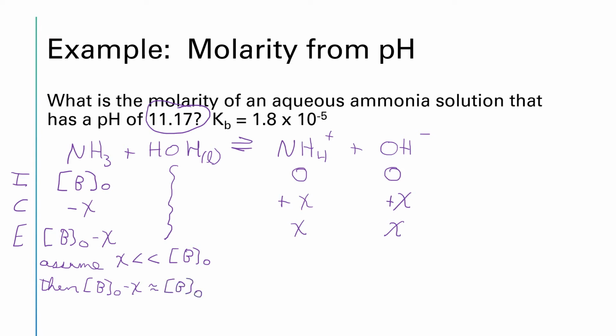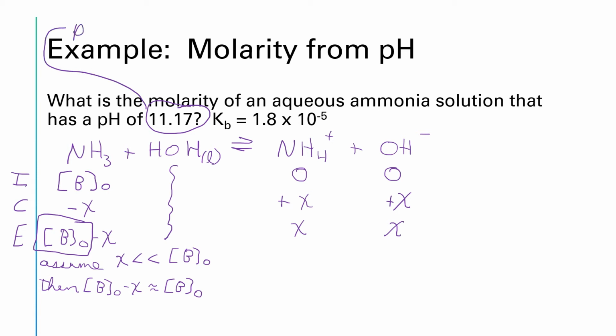So our equilibrium line simplifies down to be just B naught. We can ignore the minus X. And then we were given the pH. From the pH, we can figure out what the equilibrium concentration of hydroxide is, and that will give us a value for X. So there's one extra step involved in there.